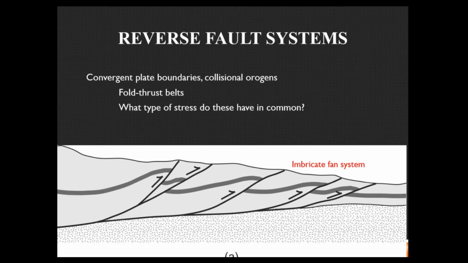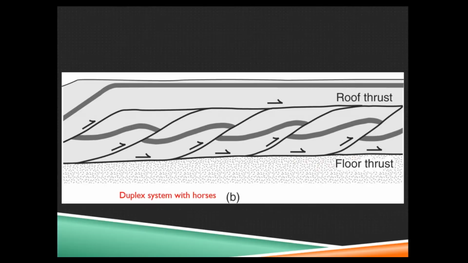So we're pushing in from the sides and creating these faults. Sometimes we have some ramps and some flats, and then we can have a series of ramps and we get this duplex system.